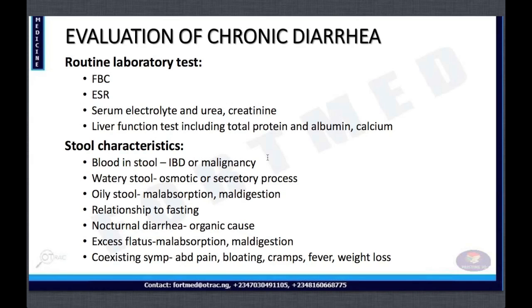Then the stool characteristics might also point to the causes as listed here. If you have blood in stool, it might be a pointer to an enteric malignancy. If you have a watery stool, then you can say it's either osmotic or secretory. The rest of the characteristics and what they point to are listed here.